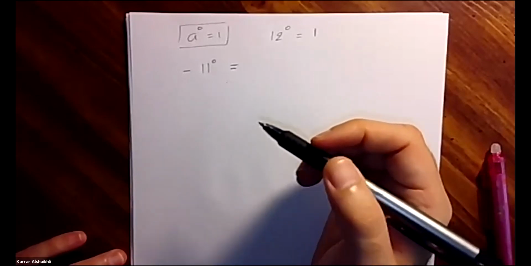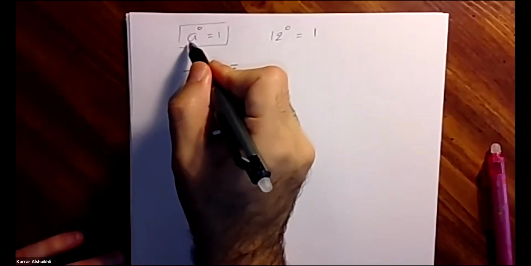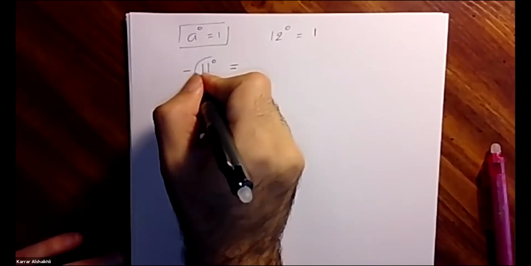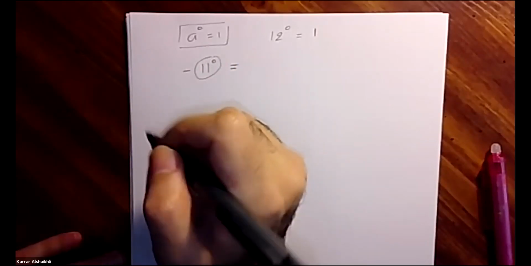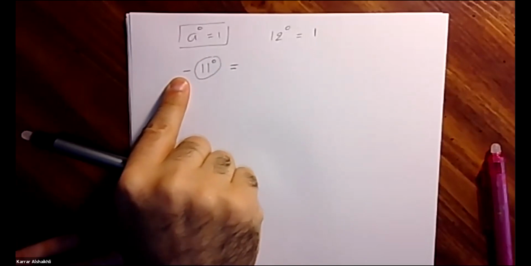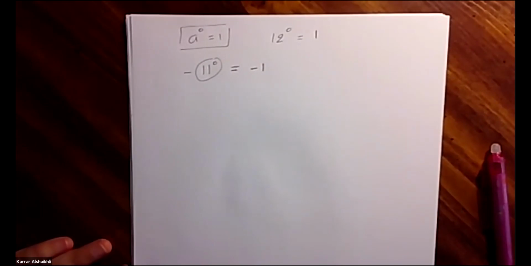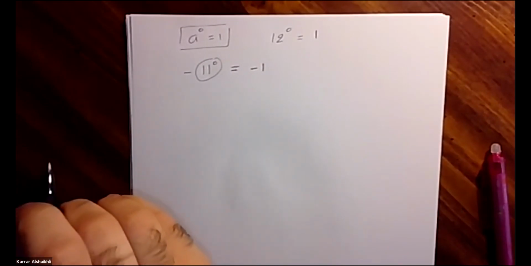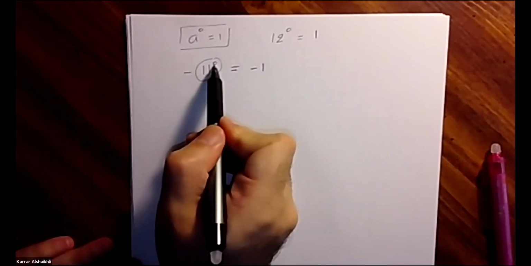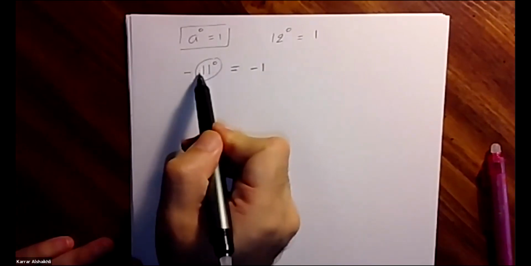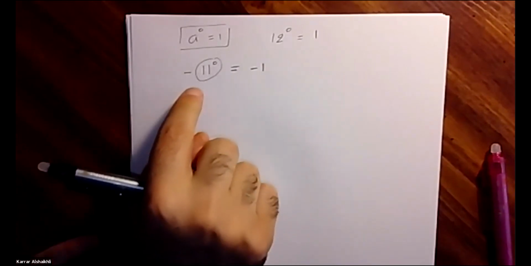The rule says the number with the exponent 0 is going to be 1. Everything here equals 1, but there is a negative sign outside, so it's going to be negative 1. The exponent 0 here is only for the 11.